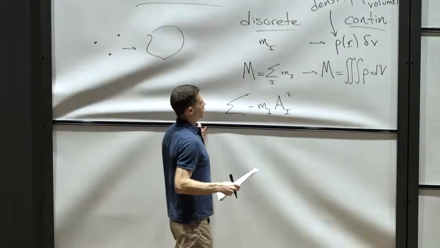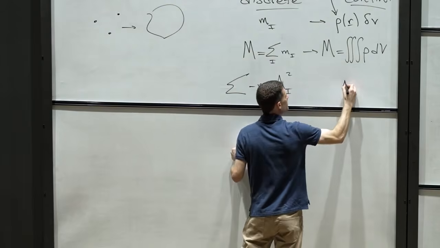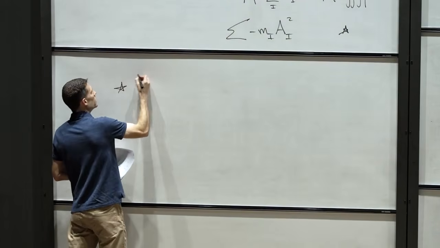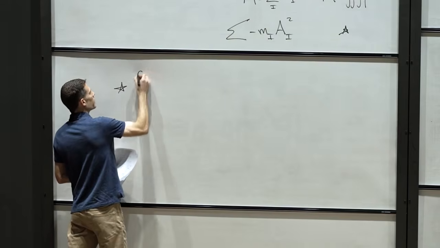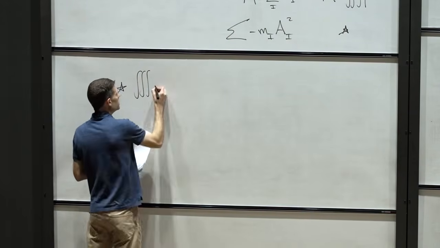And that's just going to turn into, it's not going to fit in that space. Let's put it down here. An integral, I'm going to write this in a slightly funny way.